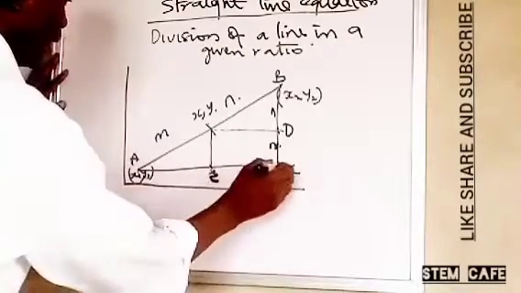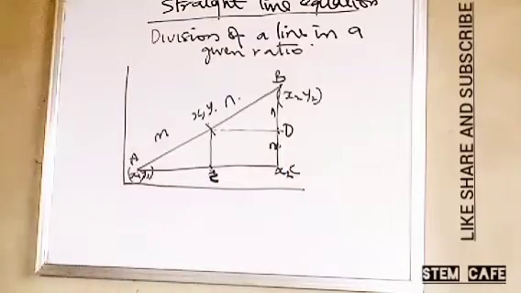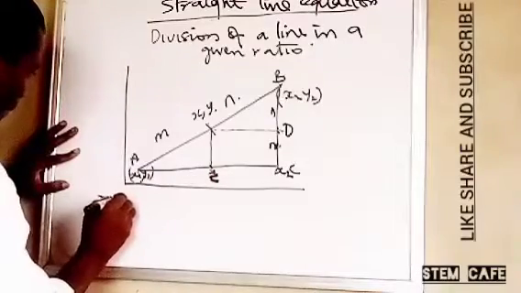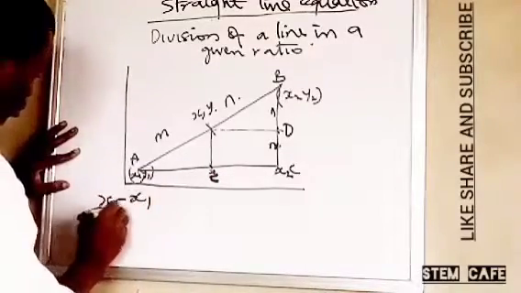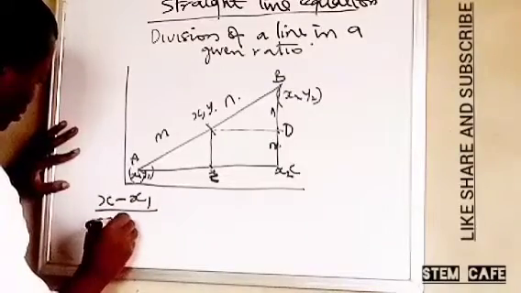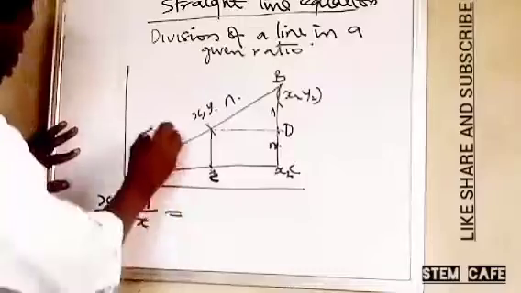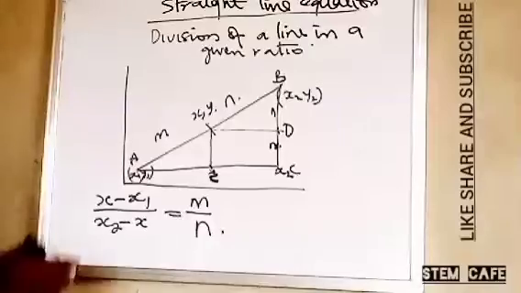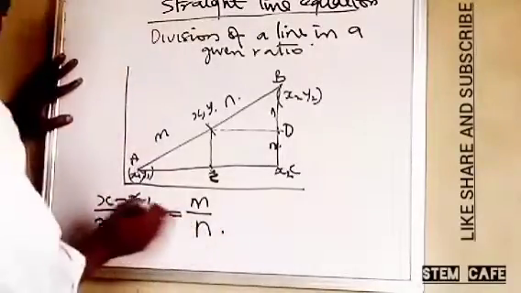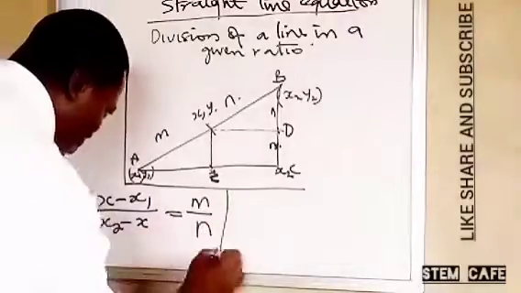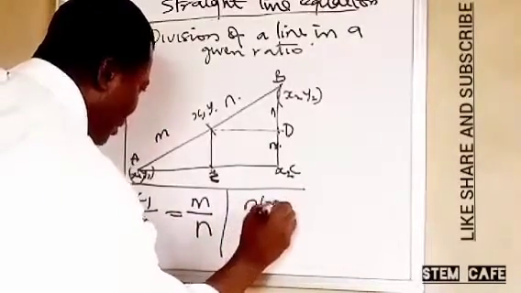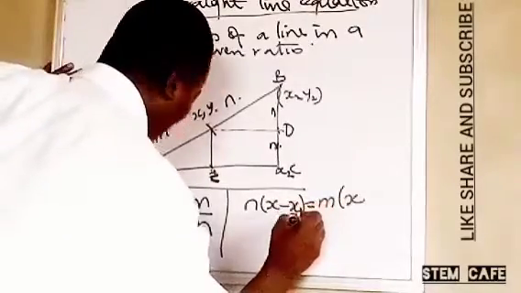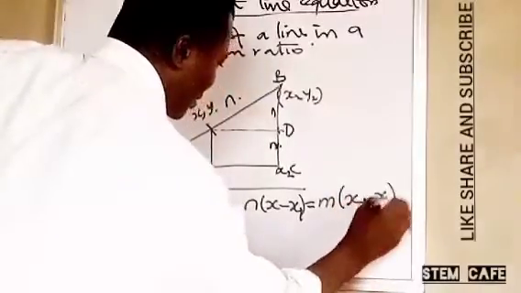AE over AC is equal to m over m plus n. Therefore, x minus x1 over x2 minus x is equal to m over n. Now, let me multiply both. This will be n into x minus x1 is equal to m into x2 minus x.